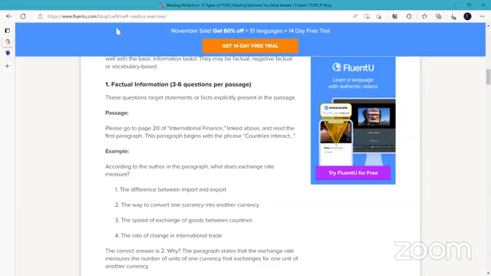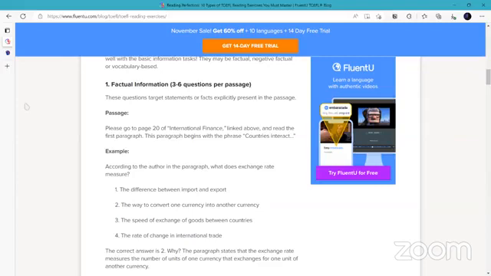This paragraph begins with the phrase countries interact. Example: according to the author in the paragraph, what does exchange rate measure? The difference between import and export, the way to convert one currency into another currency, the speed of exchange of goods between countries, the rate of change in international trade. The correct answer is 2.